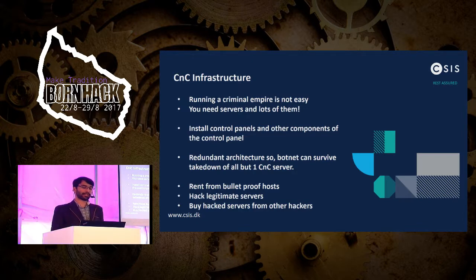You can of course rent them from the bulletproof hosts. That is fairly expensive, but there are bulletproof hosts that actually rent you space to host your criminal infrastructure. You can of course hack the servers that are already on the internet, and then you can buy hacked servers from other hackers who generally hack servers and then sell their access on the dark web.